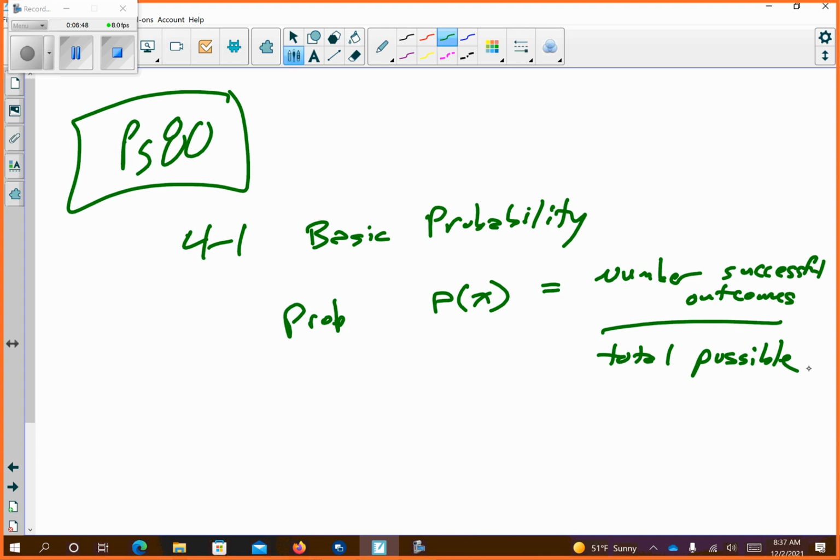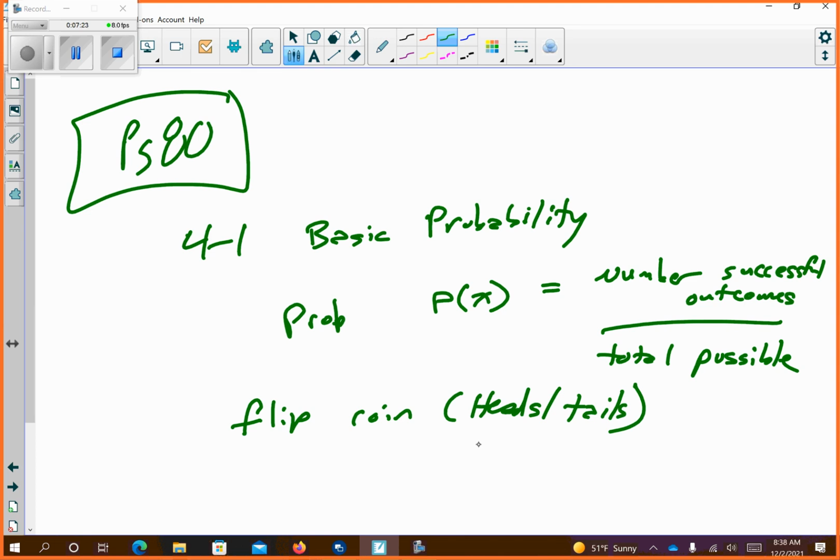Okay, so let's say we wanted to just talk about flip a coin. So we have heads and tails. Do we all agree there's basically two outcomes that are going to occur? If you flip a coin, you put it on the back of your hand, it's not going to be straight up and down.